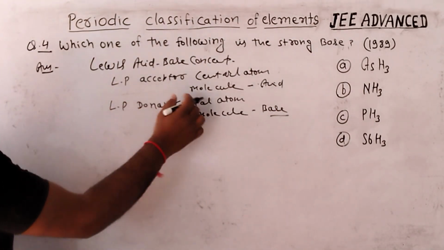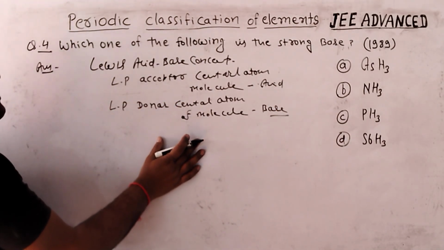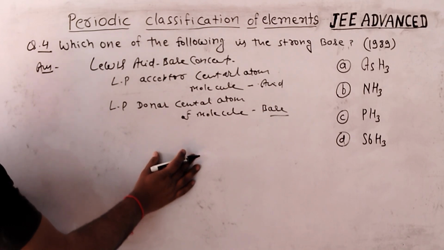So the lone pair acceptor is acid, and the lone pair donor central atom present in a molecule gives the molecule basic character.